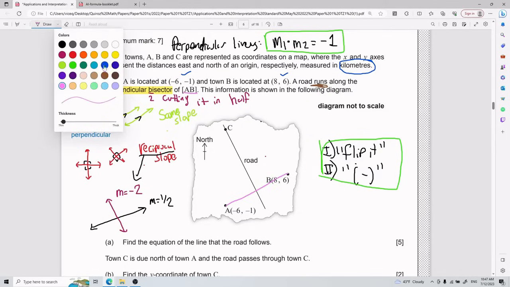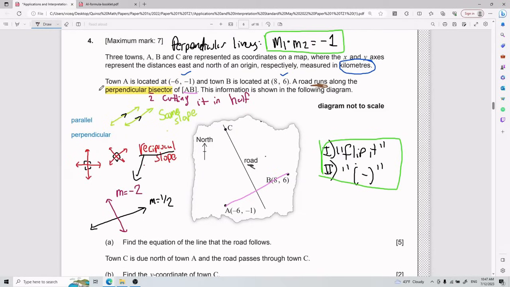Now, since the road is the perpendicular bisector, that means that, first of all, the slope of this is going to be the reciprocal of this one, okay? And second of all, this distance is equal to this distance. So if this distance is 3, that means this distance is 3. Okay, so there's two things going on.